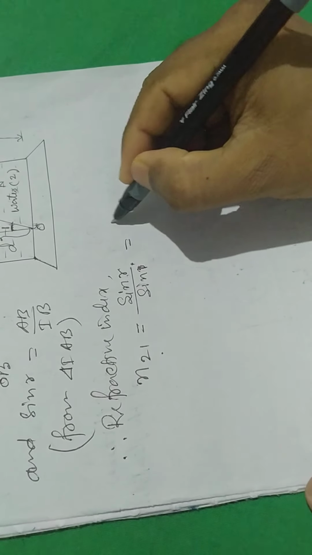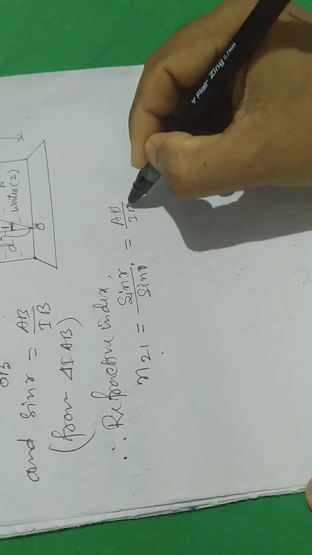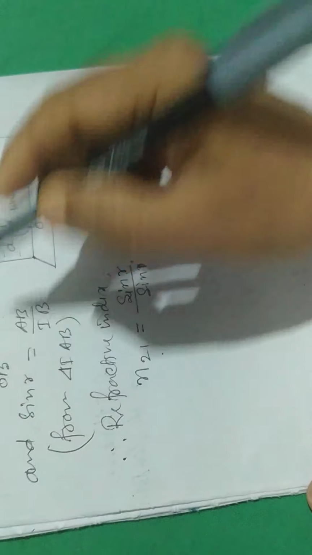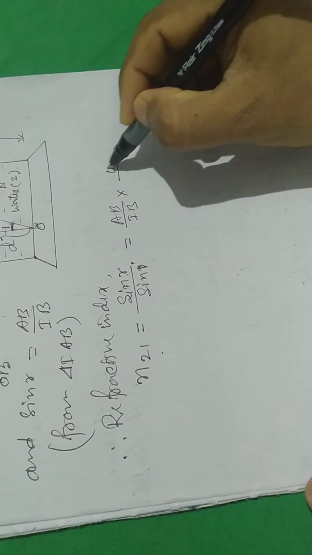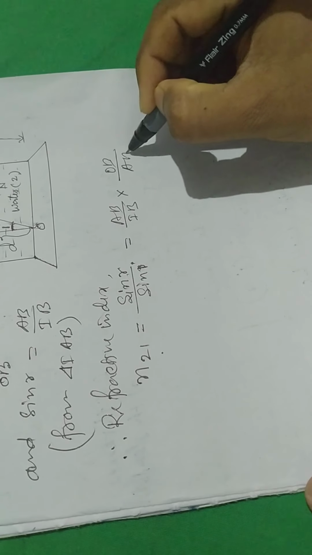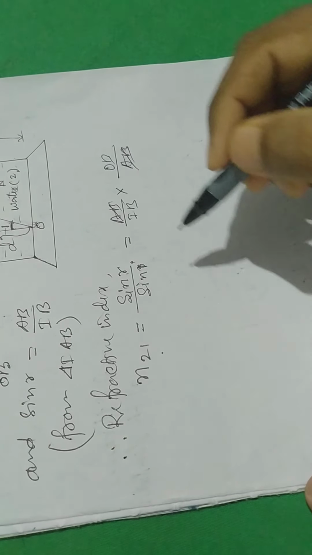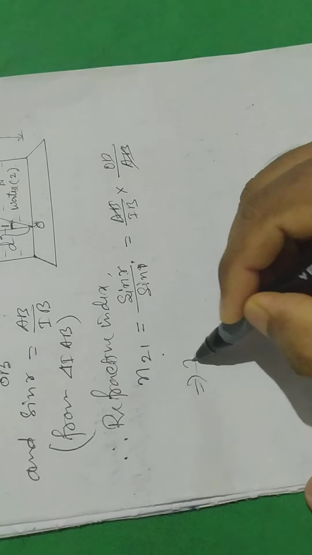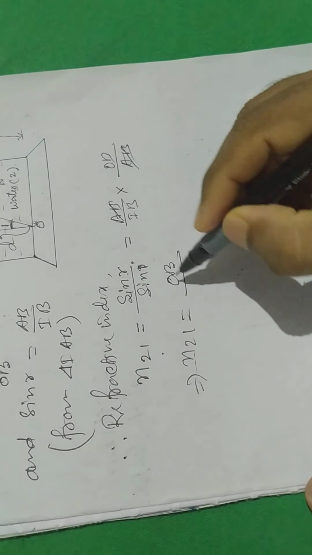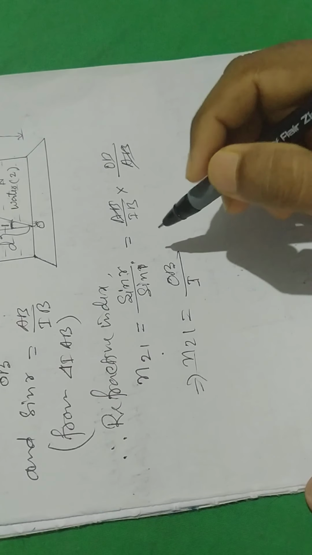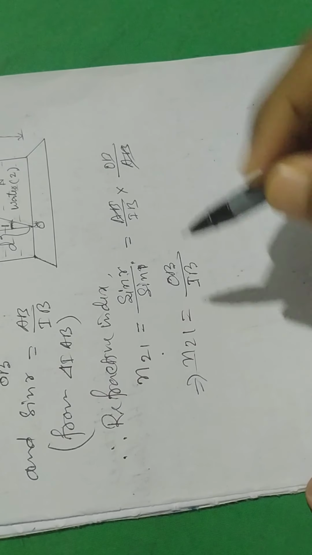Sin r is AB by IB, into OB by AB. AB cancels, and n21 equals OB by IB.